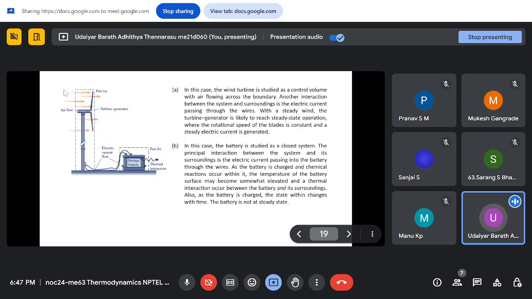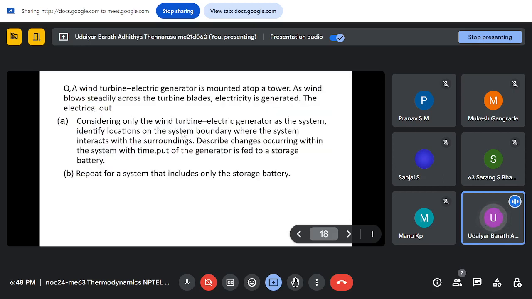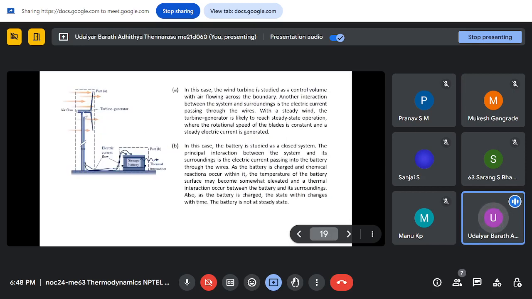If you see in this case, there is a wind turbine. It's an example of a windmill which is given, and at the top you have the blades, and the wind turbine and electric generator, the combined system, mounted at the top where the air is flowing. Now we are considering this whole part as the system in the first case.